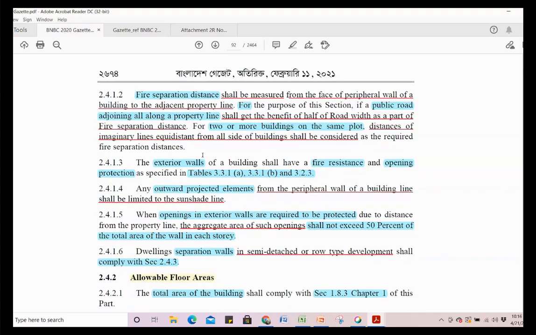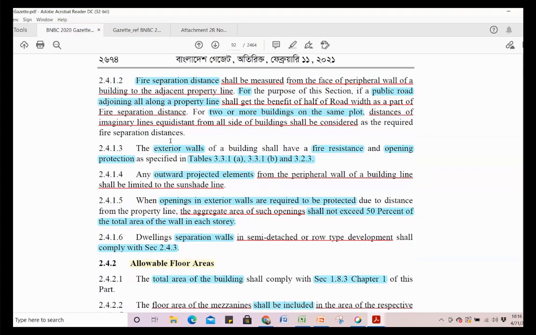So then comes information about openings. When there is an exterior wall, it must have a fire resistance rating, and opening protection will be required, because a wall which is resisting the spreading of fire must be protected with proper rated openings.